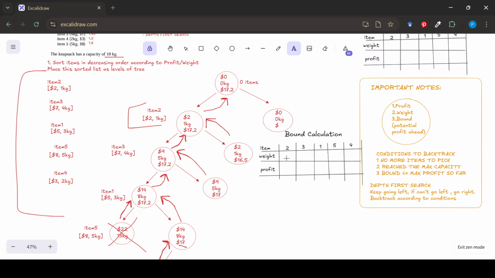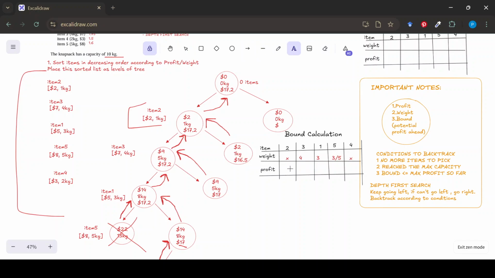And let's check our new bound. Okay, so I am not picking up item 2. And I have the potential to pick up item 3. I have the potential to pick up item 1. So that brings us to 7. And here I have the potential to pick up 3 out of 5 for item 5. And that should fill up my bag, so I don't consider this item 4.